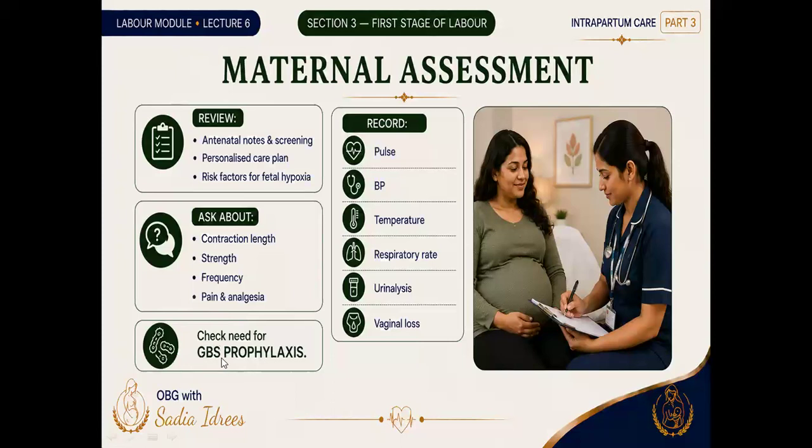Then record the maternal observations: the pulse, the BP, the temperature, the respiratory rate, the urine examination when appropriate, and assess any vaginal loss. And don't treat these observations as isolated. For example, maternal tachycardia plus fever plus offensive discharge is a completely different clinical picture from an isolated mildly raised pulse in an anxious woman. So always interpret observations in context.